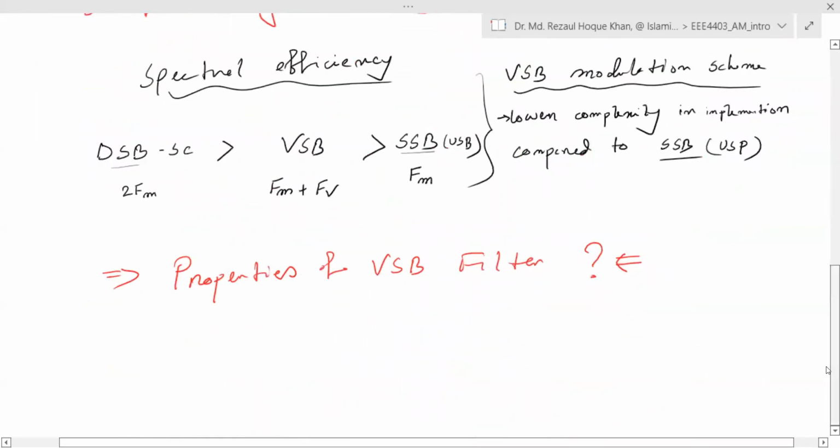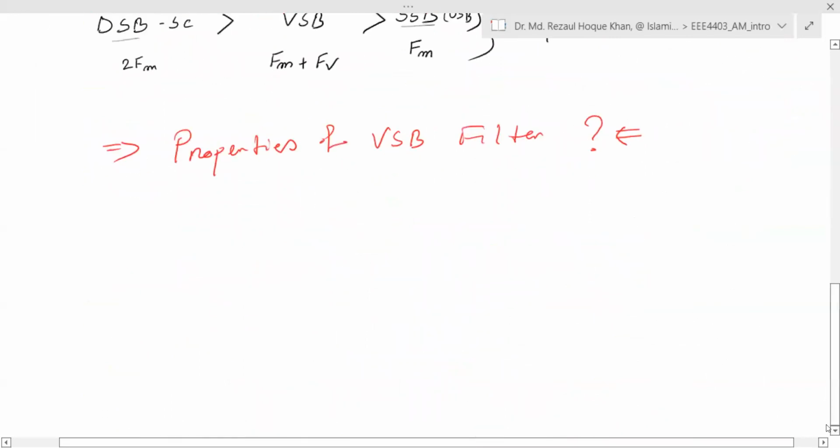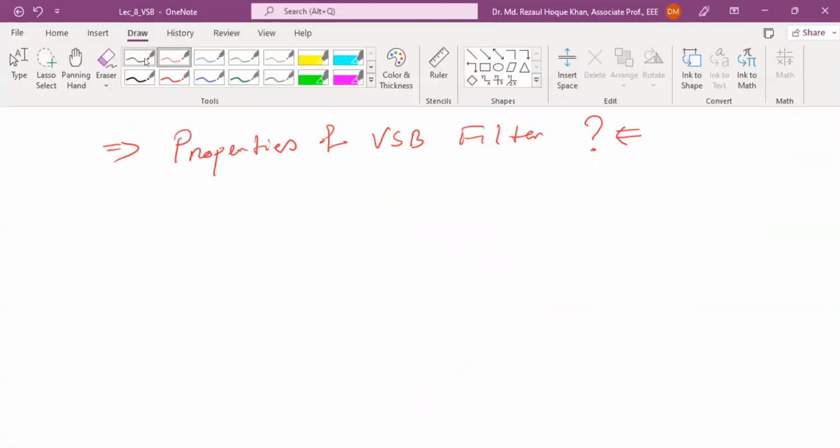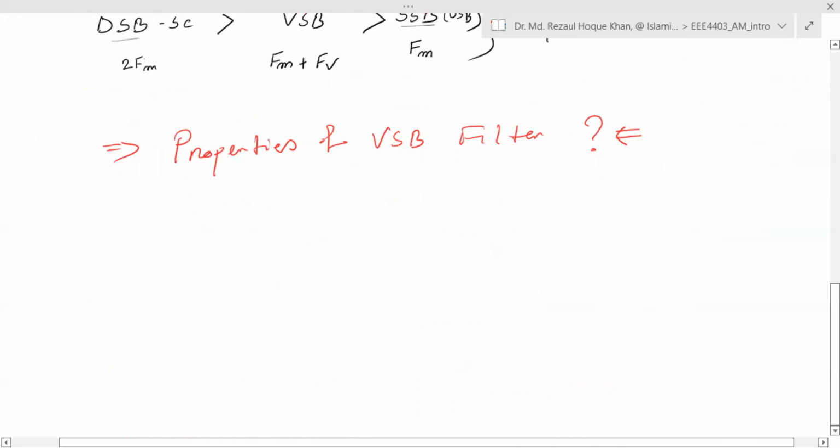Now let's see how modulation and demodulation work for these cases. Say we have a message signal m(t).